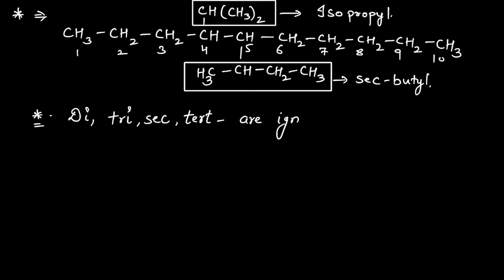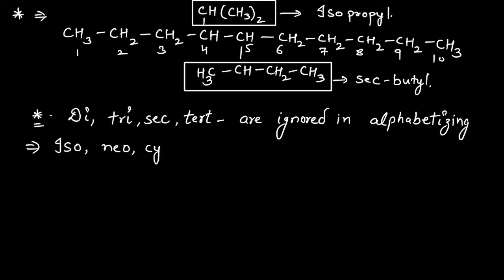So please remember that di, tri, secondary, tertiary are basically ignored in the alphabetizing, while iso, neo, cyclo are not ignored. So this is again a very important point, that we will ignore the terms di, tri, secondary, tertiary.